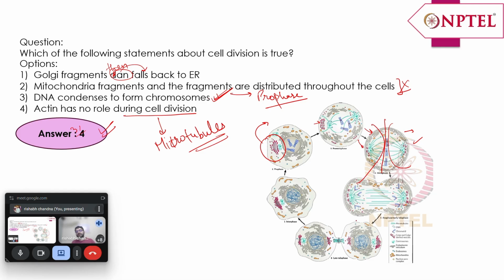Likewise, in the telophase, all the organelles that have been disassembled during the prophase will now reach the opposite poles and start reassembling. For example, the ER also disassembles and reassembles during the telophase, so that they can reach a cell that represents the interphase nucleus. Okay, so any doubts in this particular question?